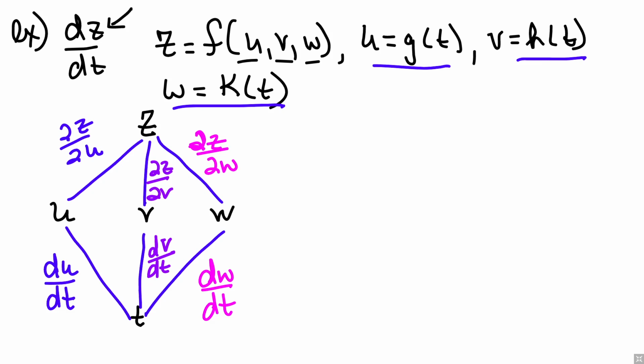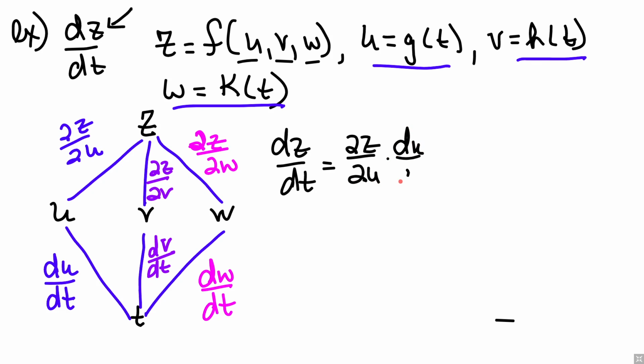So this tells me my formula for dz dt, and I'm just going to follow along the branches. I start on the left-hand side, and as I go from z to u to t, each line I'm multiplying together. So I'm going to have the partial of z with respect to u times du dt. Now, when I go to a new branch, I add.